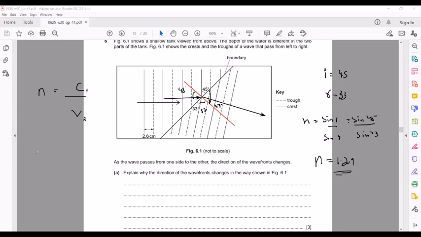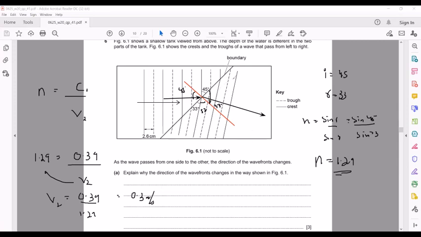If we know the refractive index 1.29, what was the original speed? That was 0.39, I guess. And we are finding the speed in medium 2. When I cross multiply, speed in medium 2 will be equal to 0.39 divided by 1.29. What is the answer? 0.3 meter per second.